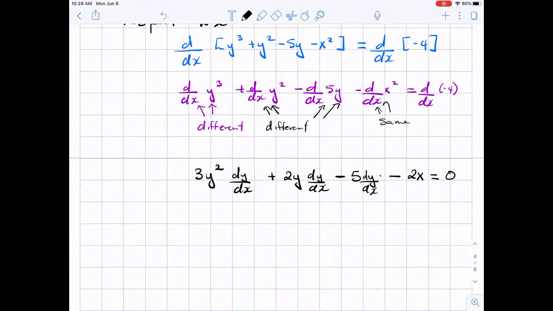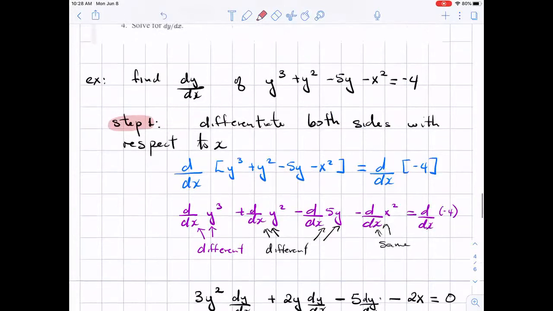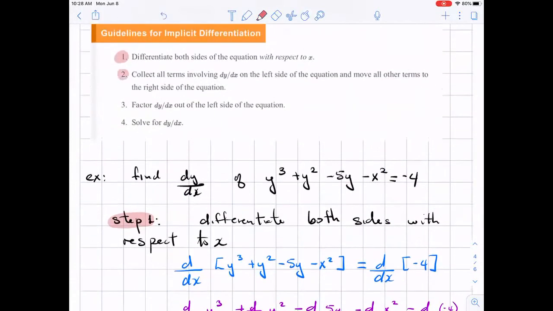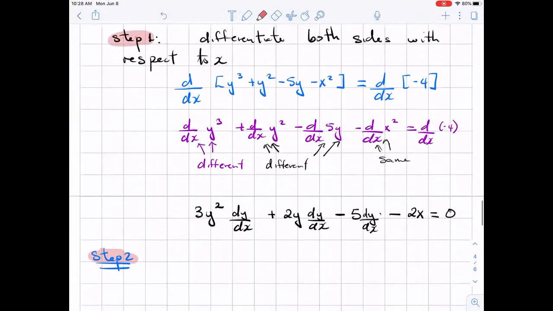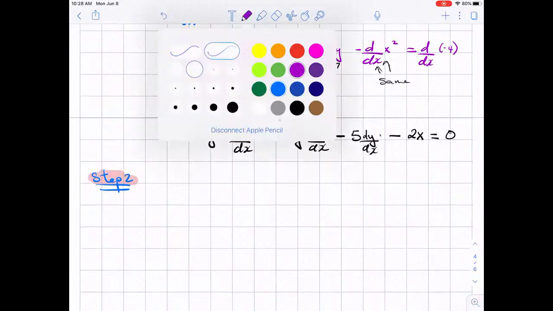Okay. Now we move to step 2. So step 2 is where we go over here, and it says collect all terms involving dy/dx. So what we're going to do is leave all of the dy/dx by itself.